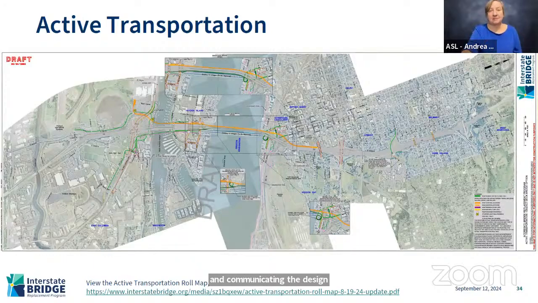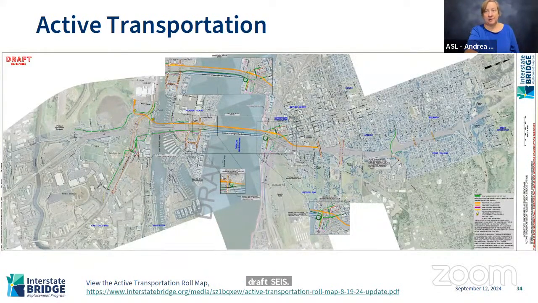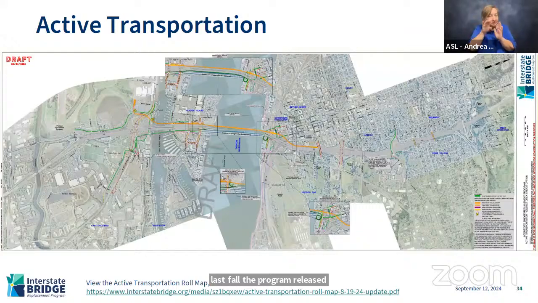If I could step back a little bit, you may recall last fall the program released images and videos depicting how drivers would navigate the interchanges to and from the neighborhoods in the program area. That was well received by people who viewed those.